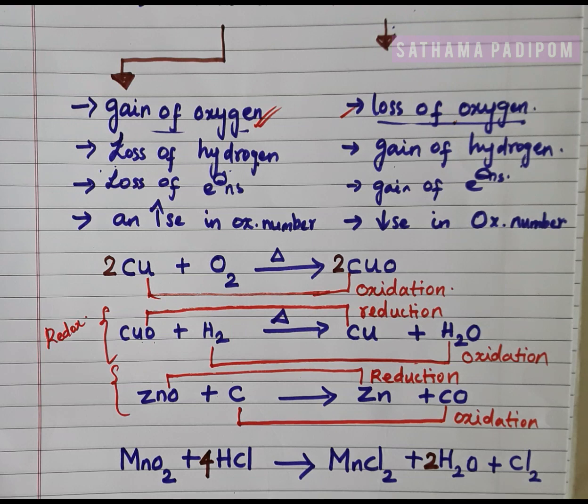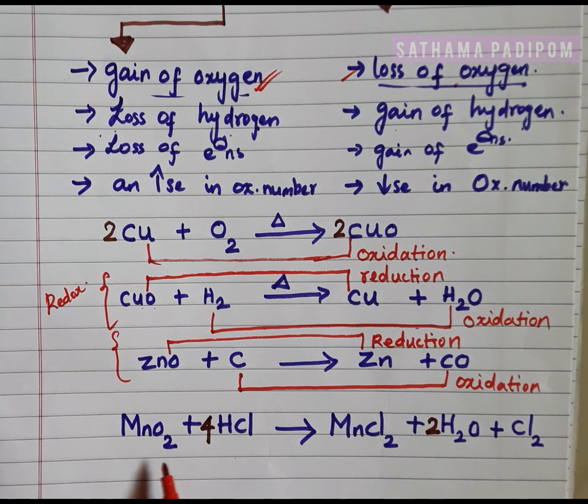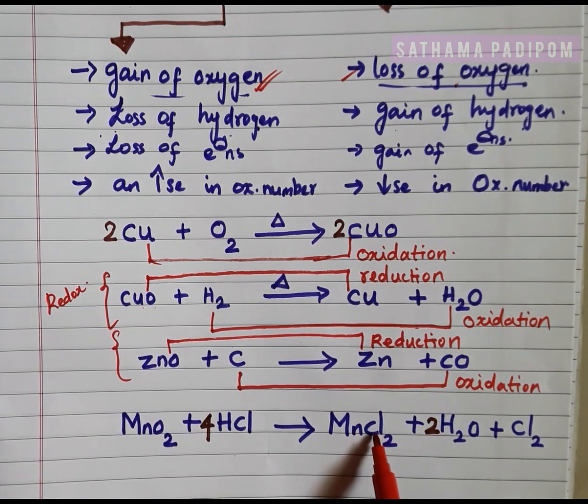How will you find the oxidation and reduction in this equation? We know the major point: loss of oxygen is reduction, gain of oxygen is oxidation. Here look at the reactants. One of the reactants is manganese dioxide. When we come to the product side, the oxygen is removed.